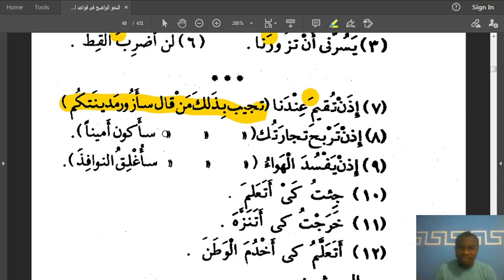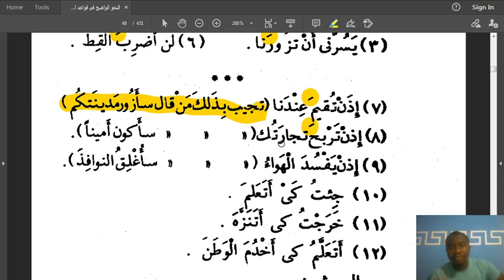You tell the person, if so, then you come and stay with me. That is idhan tuqima indana. Instead of tuqimu, say tuqima indana. Similarly, you say idhan tarbaha tijaratuka. Tarbaha, another fatha here. If so, then your business will flourish, or you gain profit.